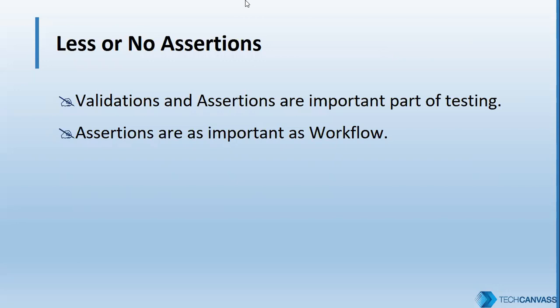The probability of uncovering a defect also decreases if we have fewer assertions. So prime focus should be given to validations, and assertions are as important as product workflow in Selenium test automation. Equal importance should be given to assertions and validations as is given to workflow. This is another common mistake which we should avoid: having too few assertions, or no assertions at all in some cases, in Selenium test scripts.